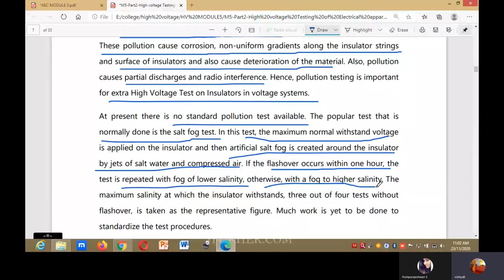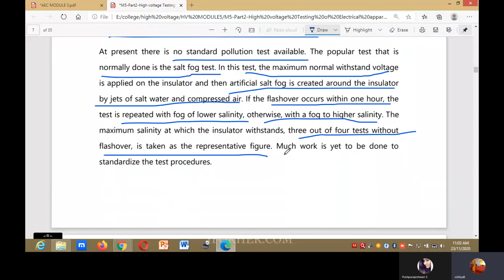The maximum salinity at which the insulator withstands 3 out of 4 tests without flashover is taken as a representative figure. Much work is yet to be done to standardize the test procedure.